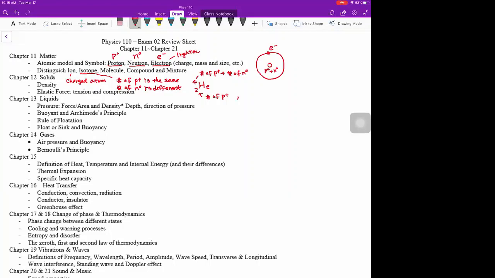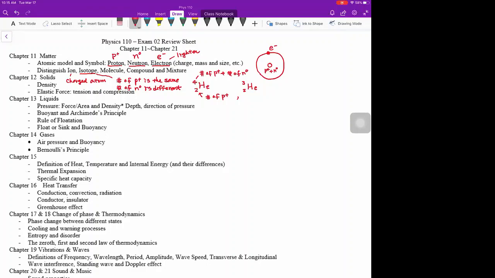At the same time, in nature, we also have another helium, whose symbol is 2 and 3. The 3 tells you the number of neutrons is only 1. So this one has only 1 neutron, and the other one has 2 neutrons. And these 2 elements are what we call isotopes. They are all helium, but they have a different number of neutrons.